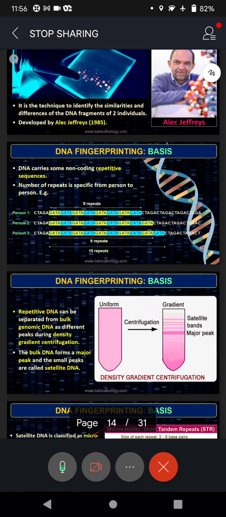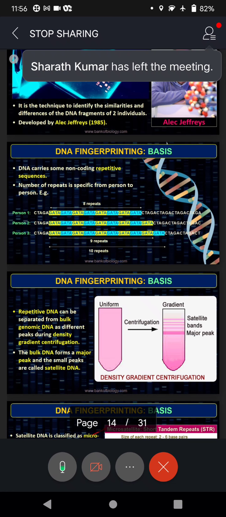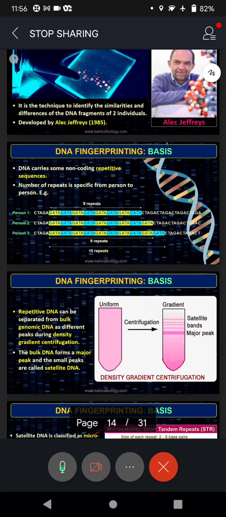These regions are flanked by restriction sites. On one side, the nitrogen bases start off with a restriction site, and at the end of the 60th base pair, again there will be a restriction site. So the number and position of VNTRs or minisatellites in a restriction fragment is different for each DNA, and the length of the restriction fragment naturally depends on the VNTRs.